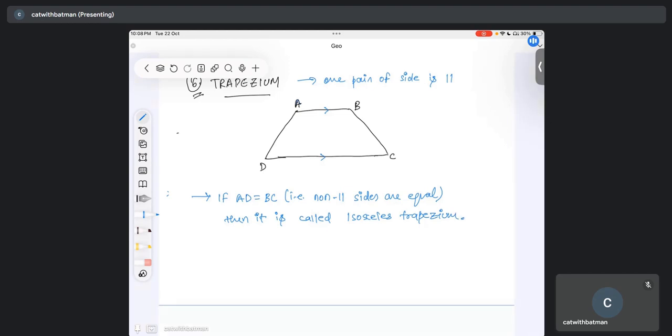Okay, if AD is equal to BC, then it is called an isosceles trapezium. Or if in a question it is given that you have an isosceles trapezium, then you can assume that AD is equal to BC.